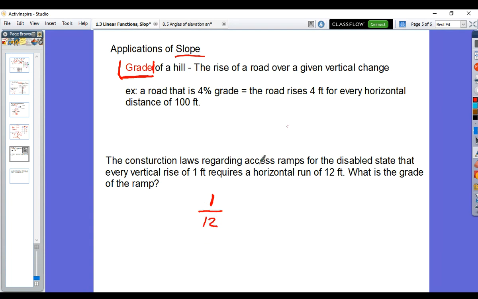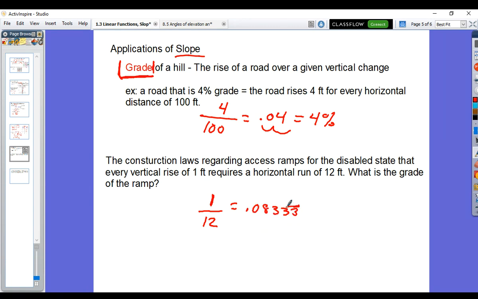So let's go back up here. To get a 4%, we took the vertical change 4 over the horizontal change 100. You would divide that, you get 0.04. And in percentage form, you move your decimal over twice, bam, you're getting 4%. Same thing here. Let's divide that. If you divide this, you get roughly 0.08333 repeating.